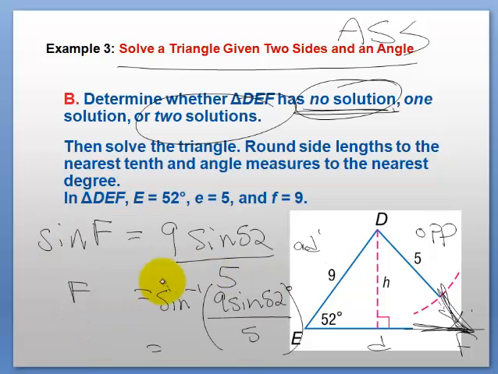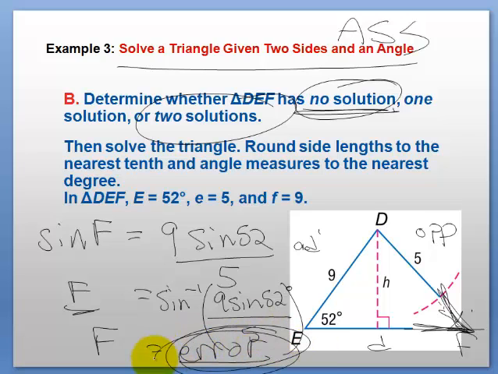I've written it out already. We cross multiply, and then to find the angle, we take the inverse sine. So we get F is equal to, and our answer says error. And what that means is that the length of 5 is not long enough to reach down here and actually create a triangle. So we say no solution.